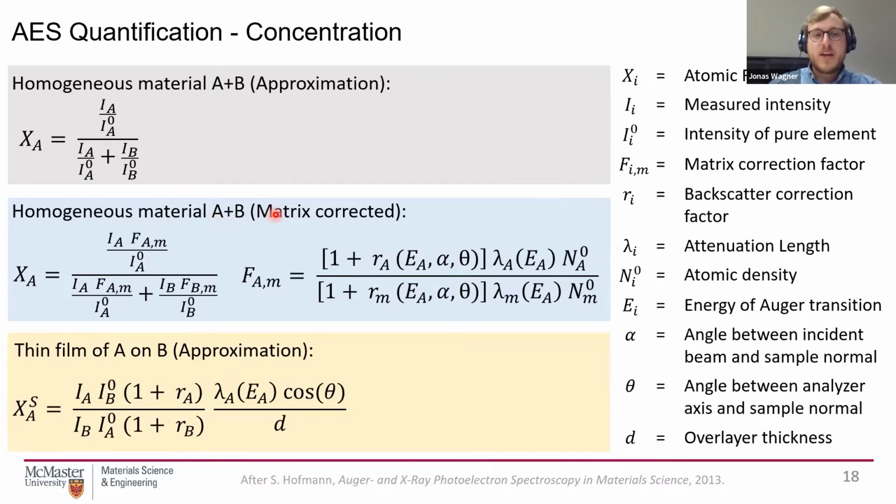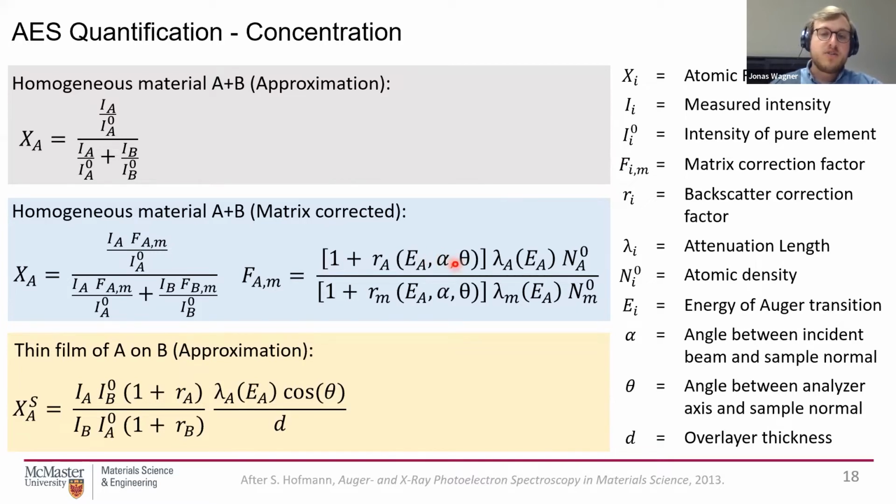So we introduce in the quantification a so-called matrix correction factor. What this matrix correction factor does is correct for the difference between pure element and mixture in three different ways. First is a backscatter correction.